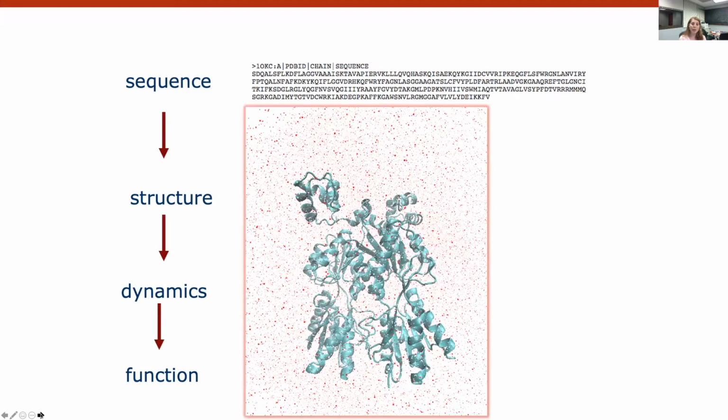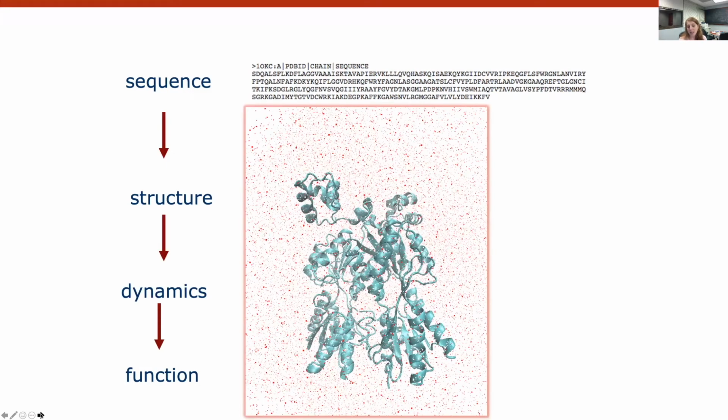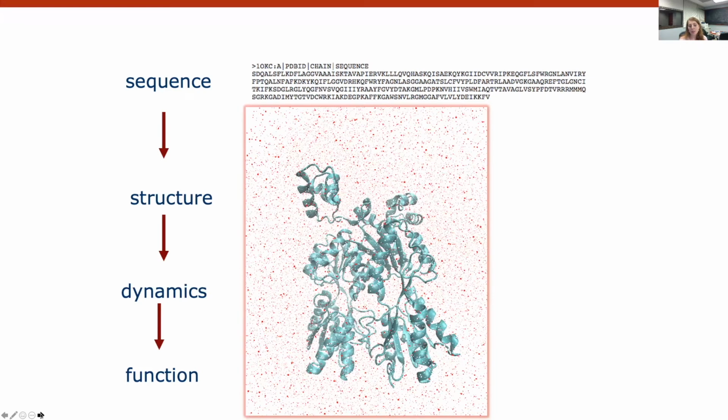But when we analyze more, we realize that in the cell most proteins are in this aqueous environment and they fluctuate, and those types of fluctuations give you the function. So what we're really interested in is, for example, if you make a certain mutation in an amino acid, nothing happens in the sequence.